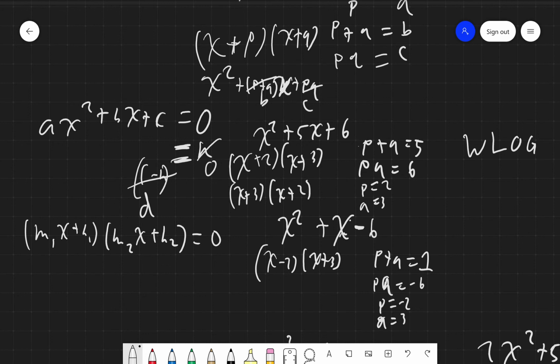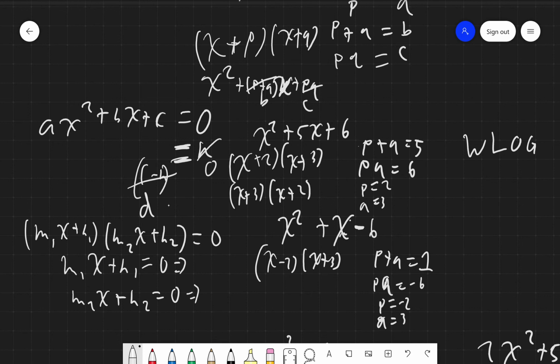Alright. So if this equals 0, we can't have them multiply to 0 unless one of them equals 0, since multiplication by 0 means the whole product equals 0. So now this equals 0, or this equals 0. If we solve both equations, they're really just linear equations now.